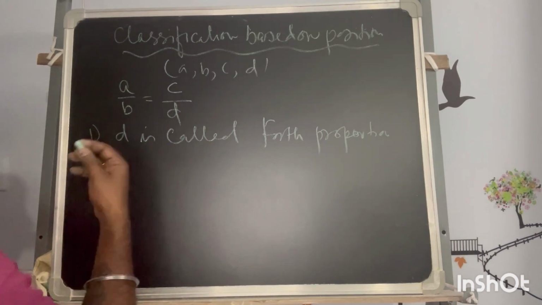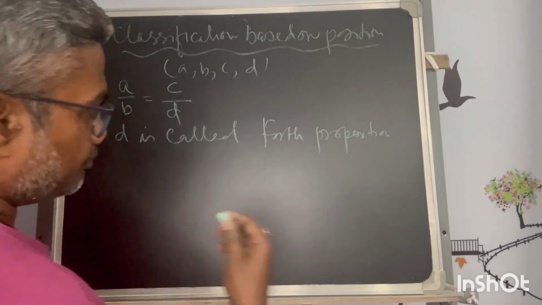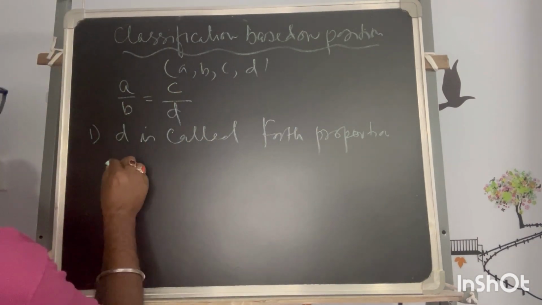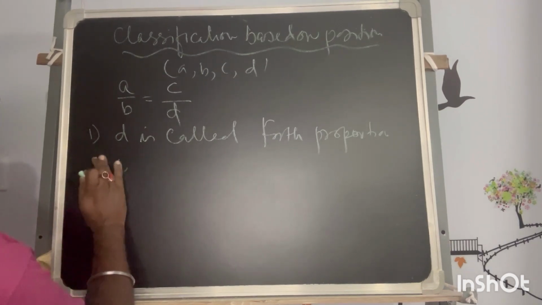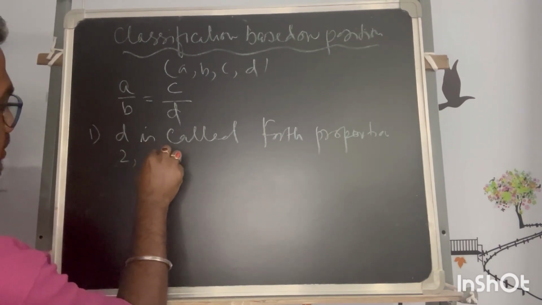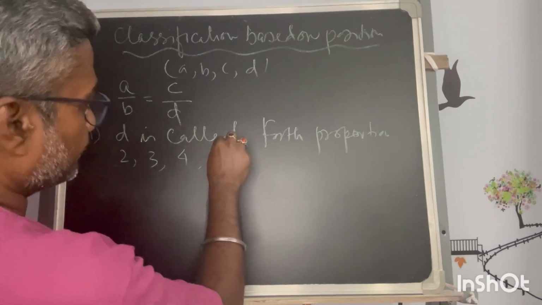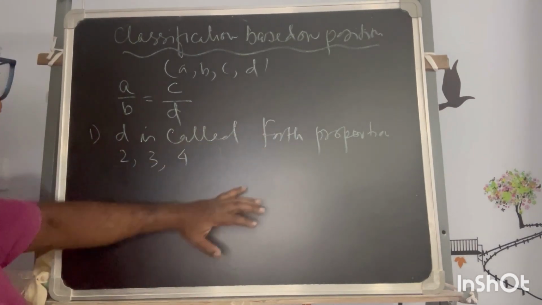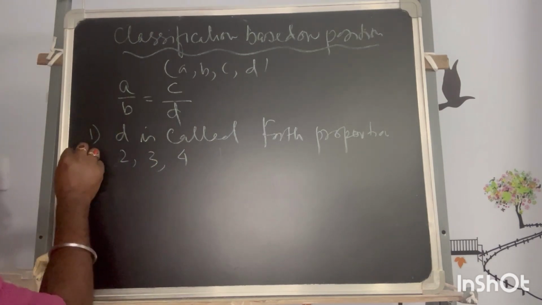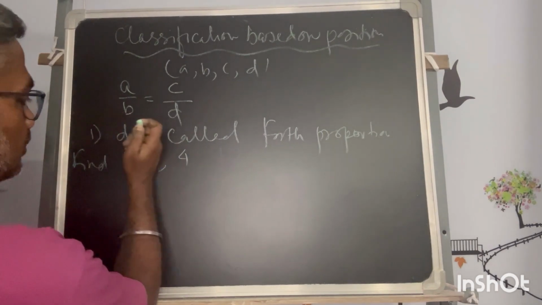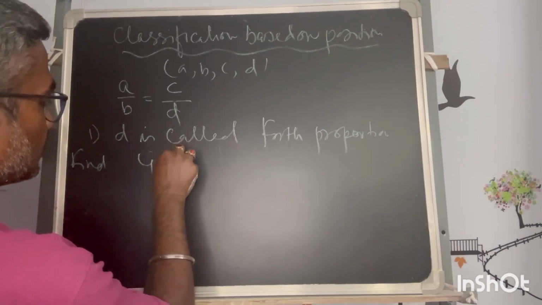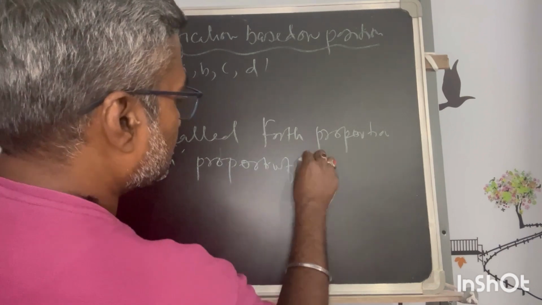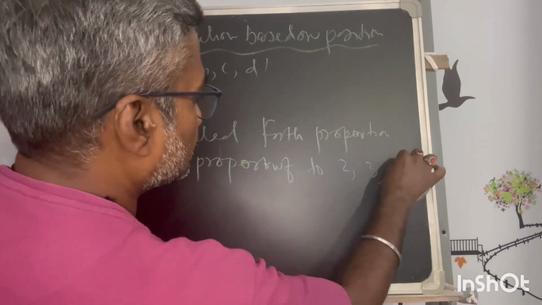The second extreme, D, is called the fourth proportion. Now let's say you have to compute that fourth proportion. For example, if A, B, C are 2, 3, 4 and D is unknown, how will you find the fourth proportion? Or it may be given as: find the fourth proportion to 2, 3, 4.